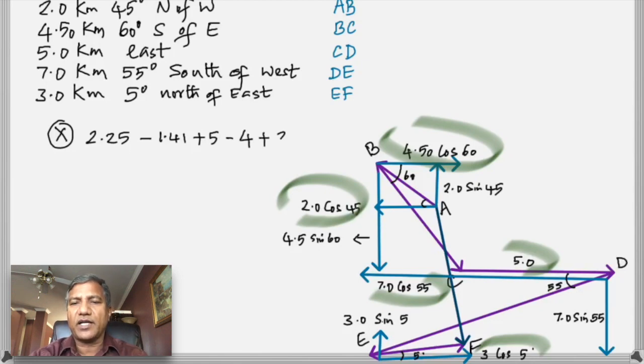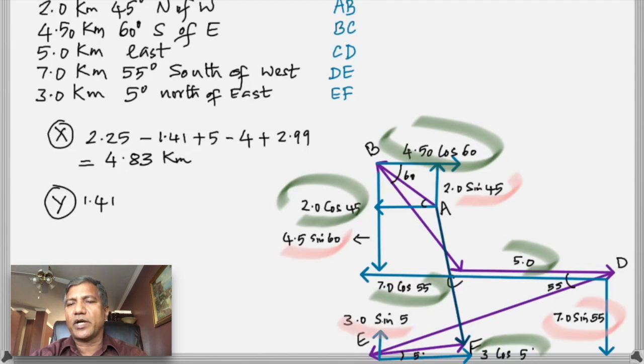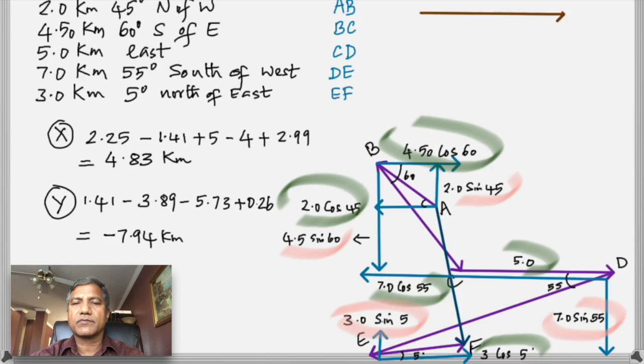And then you have the 5, then you have the minus 4 plus 2.99, and when I do all that, I get 4.83. So now here are the y components. Again, up is positive and down is negative. So I do that and I get the total y as negative 7.94 kilometers.